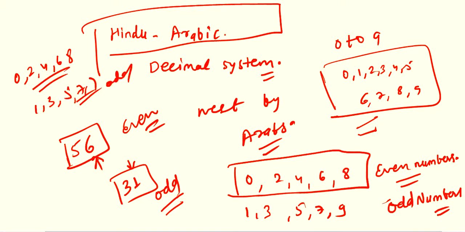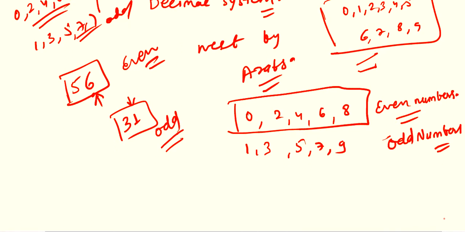Then next is the Indo-Arabic system of numeration, where we can write large quantities with ease in groups. We are having certain periods, and periods are just like which convert the number as per place.